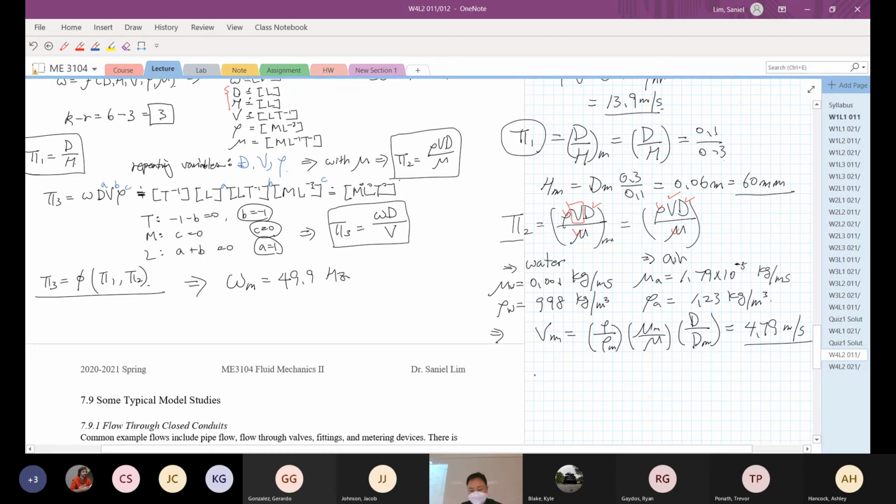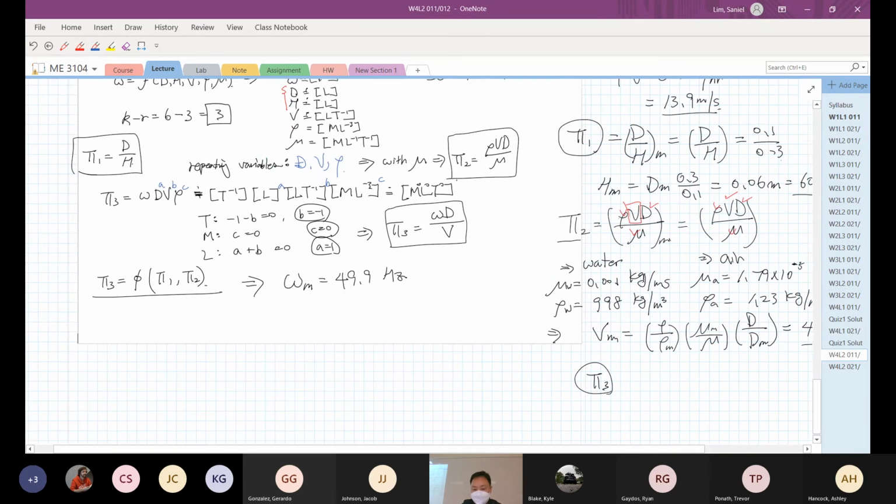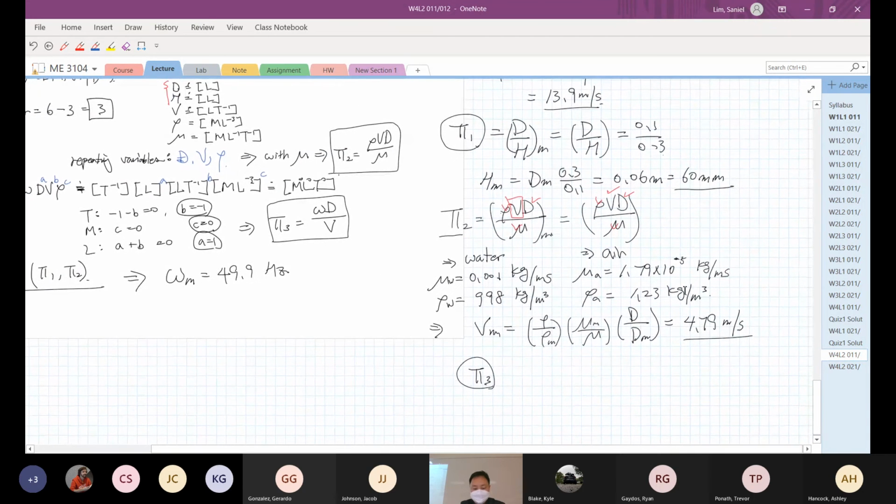Then once you have the velocity, you can now get into the pi 3, the third pi. Then plug the numbers now. So omega d over v for the model has to be the same for the prototype. You have a v here, D is given, dm is given, the omega m in the model is given.